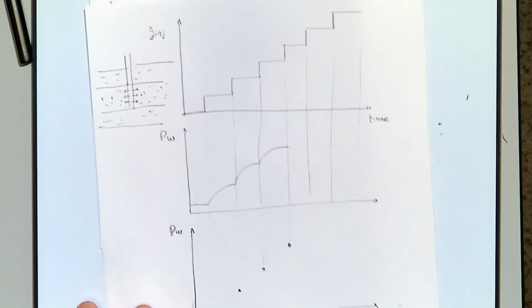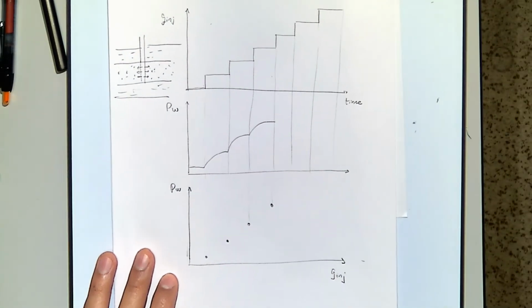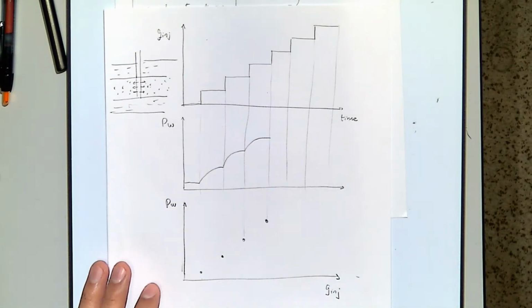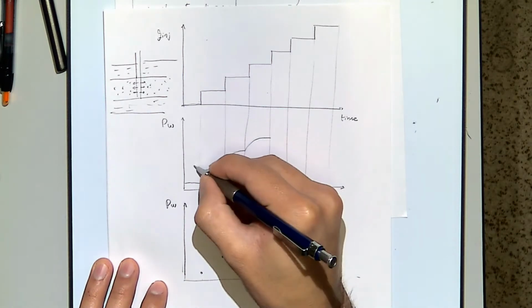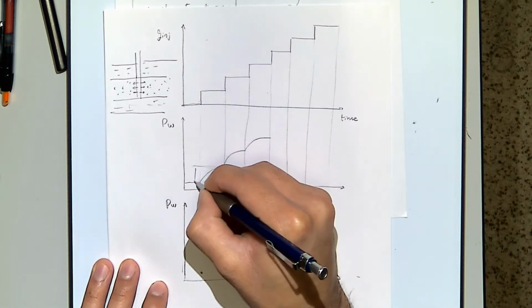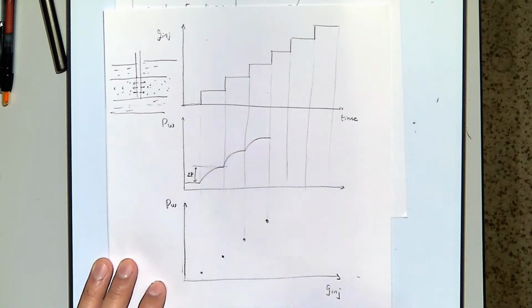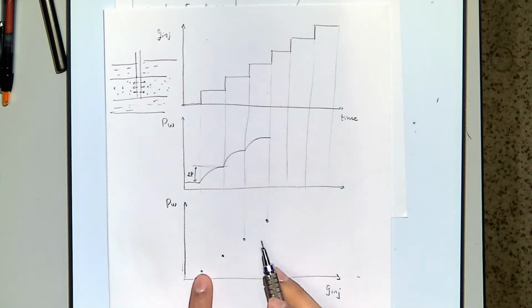I'm assuming that in this case the increase of pressure, every time I increase injection rate, is proportional to the injection rate. And that kind of makes sense, right?